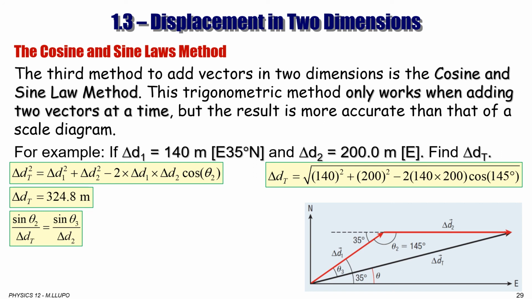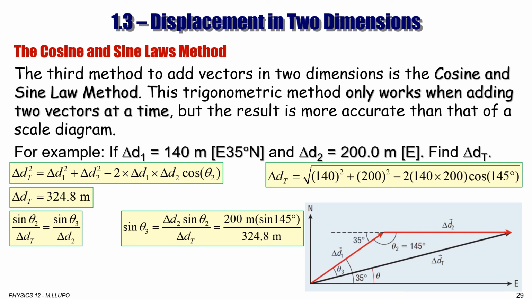So we already calculated delta D total, and we can calculate now sine theta 3 in order to find theta 3. So sine theta 3 is delta D2 sine theta 2 over delta D total. So it's 200 meter times sine 145 divided by 324.8.